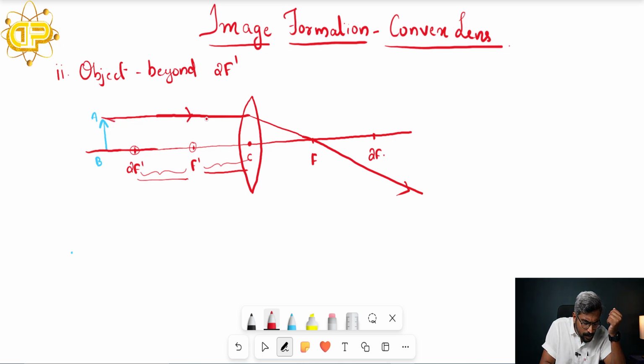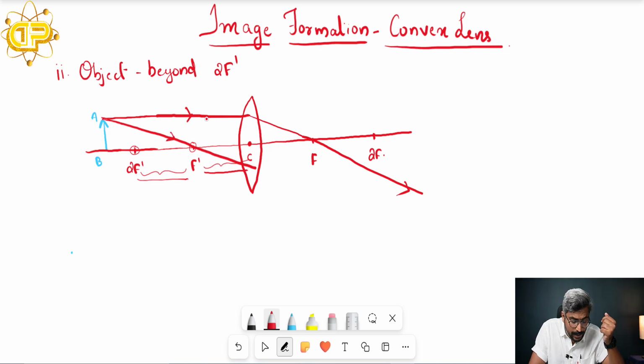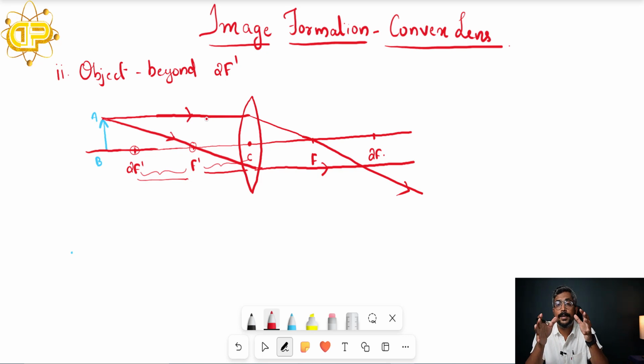If I draw from this particular point, another ray passing through F', then after refraction it will definitely pass parallel to the principal axis, just like this. So this is what is happening, and you can see that another point forms here.